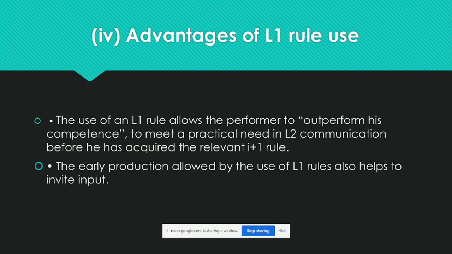Advantages of L1 rule use. First, the use of an L1 rule allows the performer to outperform his competence to meet a practical need in outside communication before he has acquired the relevant L2 rule.